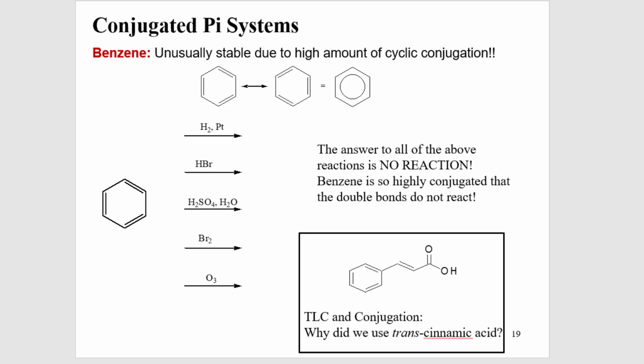Why is that important? Well, UV light is only going to be reactive with conjugated systems. So conjugation is a requirement for UV light detection. If you put a sample into a UV instrument to get a wavelength, you are only going to get it if the molecule that you're studying is conjugated. Just like we're only going to see a spot on the TLC plate if the molecule is conjugated.